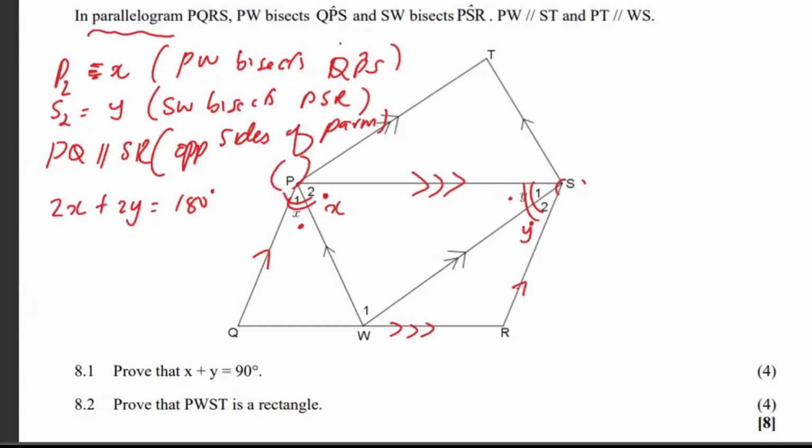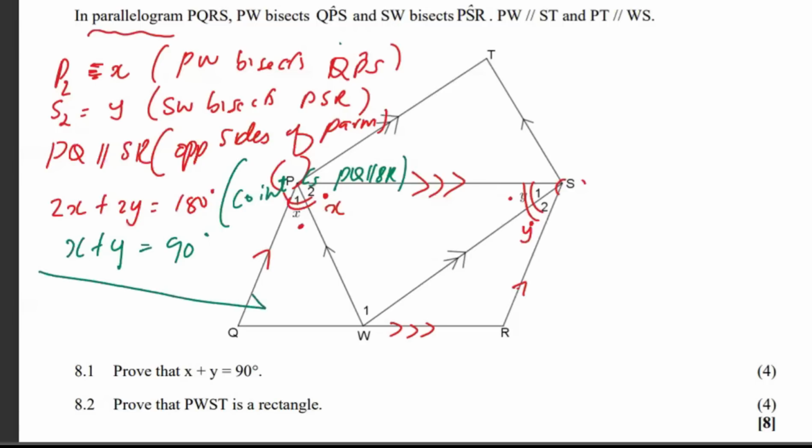And the reason is that those are co-interior angles because PQ is parallel to SR. Then you can divide through by 2. You have X plus Y giving us just 90 degrees. So we're done proving that.